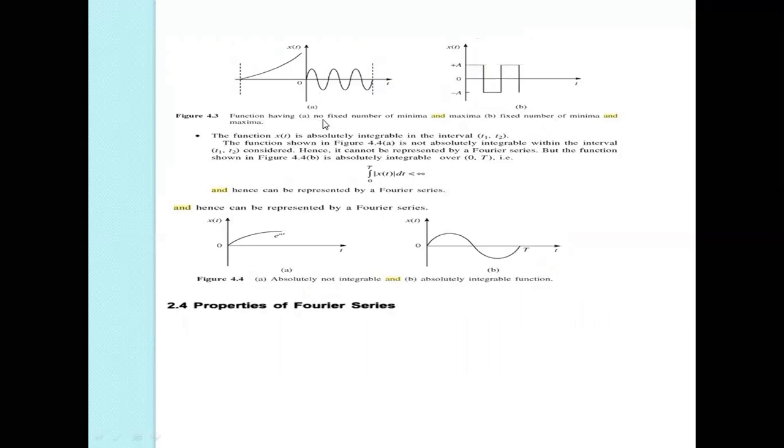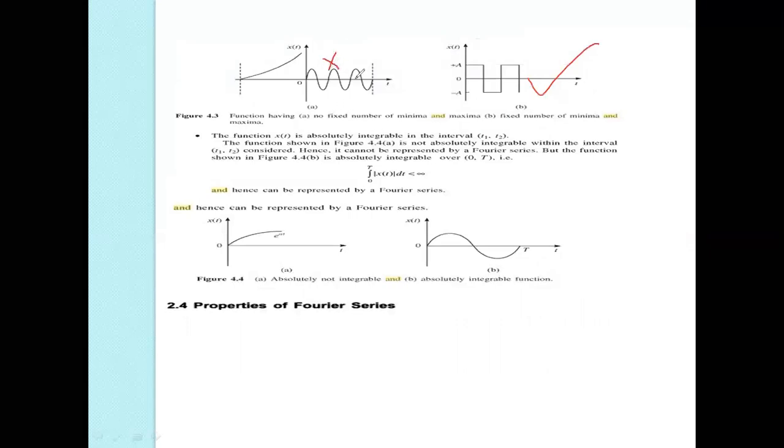In this, the function has no fixed number of minima and maxima. But here a fixed number of maxima and minima is there, plus a and minus a. Got it? So the second function can be represented as a Fourier series.